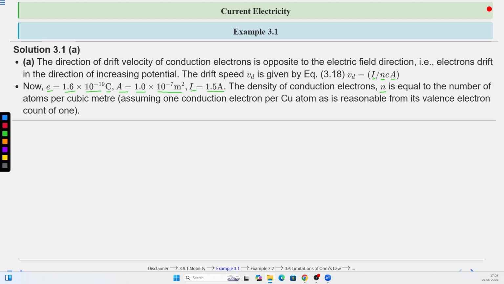So valence electron is 1 in this copper material. There is one electron that is free to move, so one copper atom is contributing one electron. Therefore, number of electrons will be equal to the number of copper atoms present in the conductor.